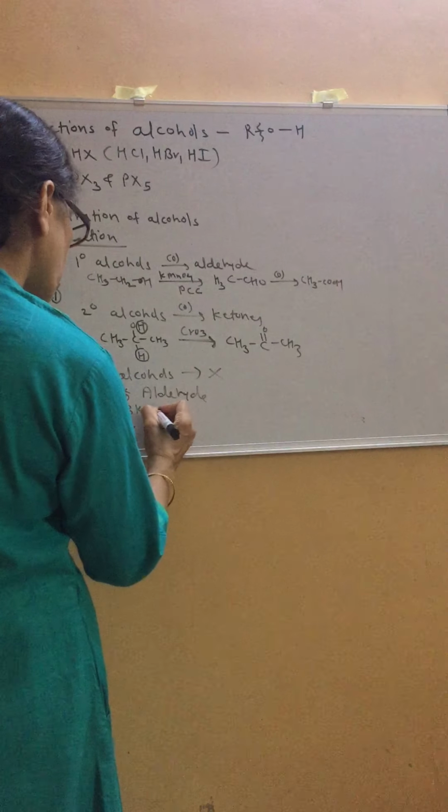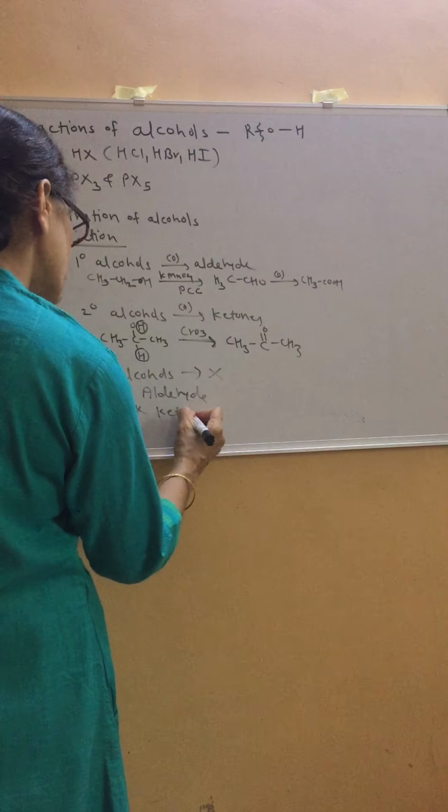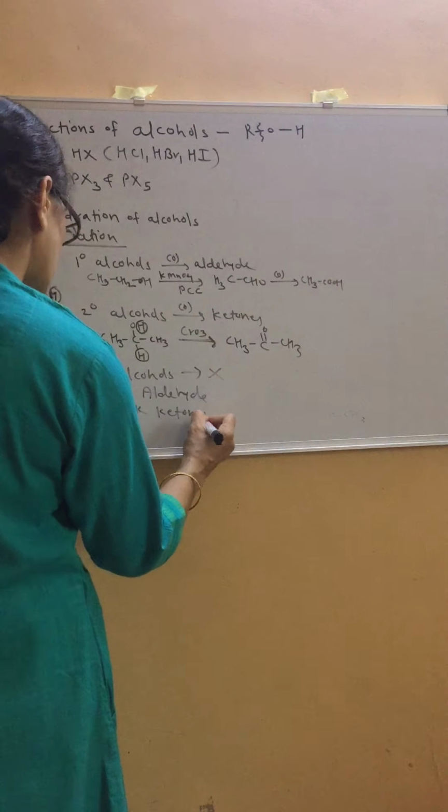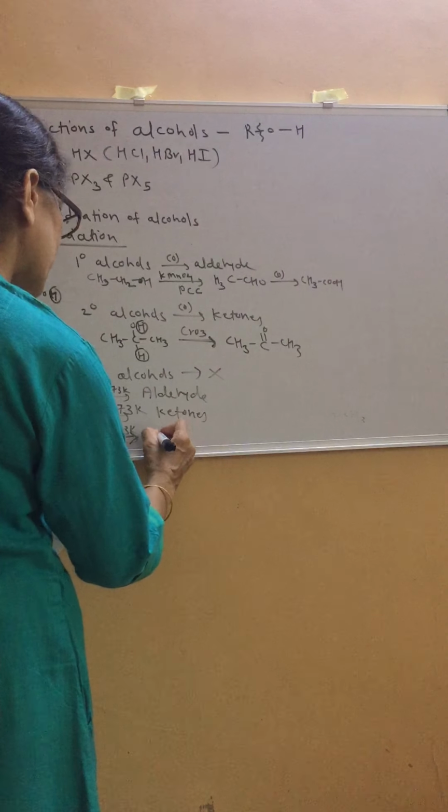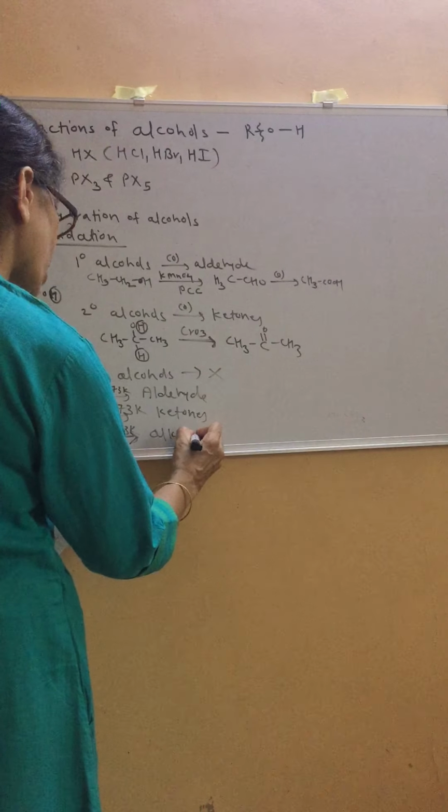Secondary alcohols undergo oxidation to form ketones, but tertiary alcohols, when heated with copper at 573 Kelvin, undergo dehydration to form alkenes, which we have seen in the last reaction.